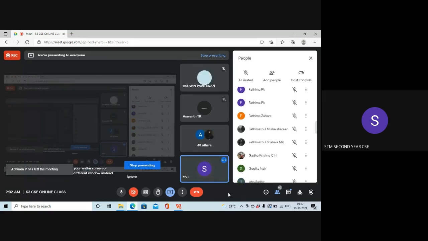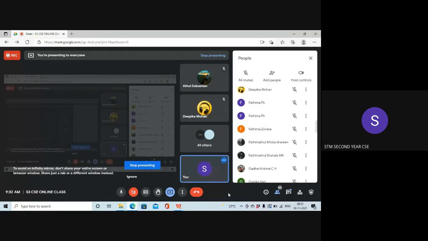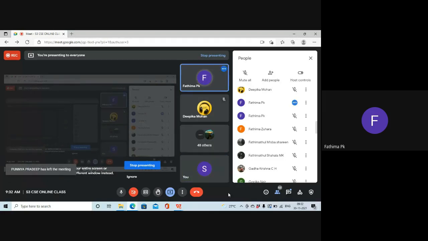Ashwati VK absent. 22. 23. 24. Devika KT absent. 25. 26.